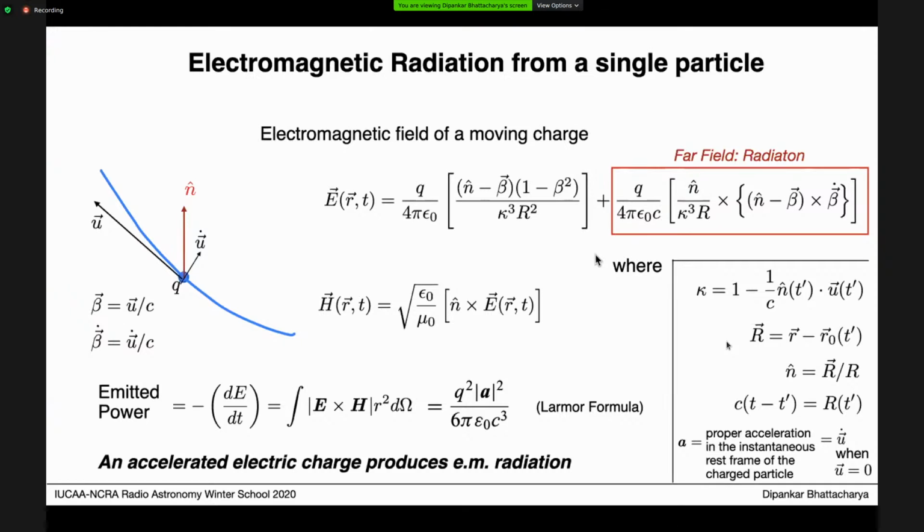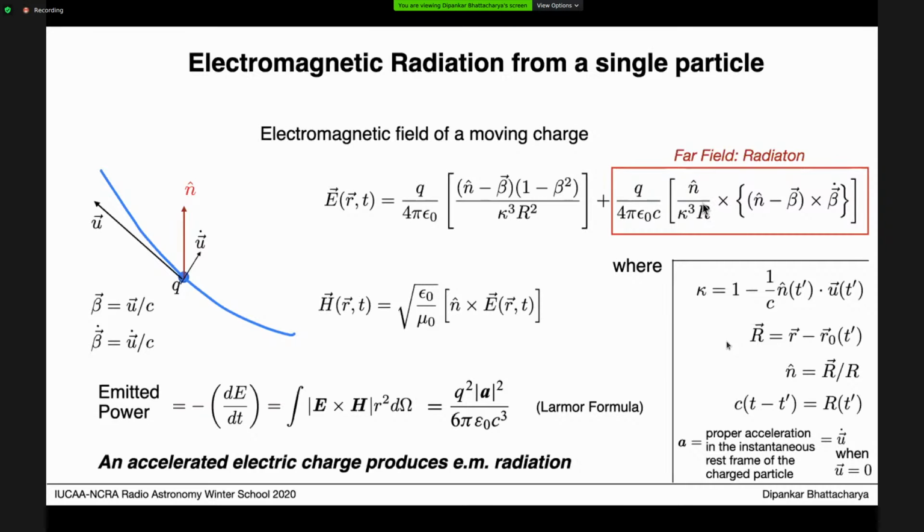So for a charge which is moving, in addition to this Coulomb near field electric field, there's also another component which appears. And this component appears when there is an acceleration, because this is multiplied by beta dot. So if acceleration is 0, this term goes to 0.